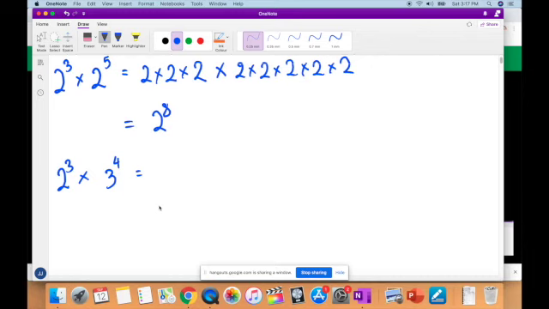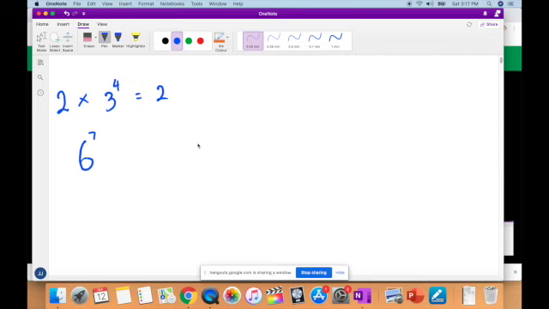What will this end up being? You multiply the 2 by the 3 and then you add the indices. You multiply the 2 by the 3, so 2 3s are 6. And then you add the indices, 3 plus 4 is 7. Yeah? Can you prove that?